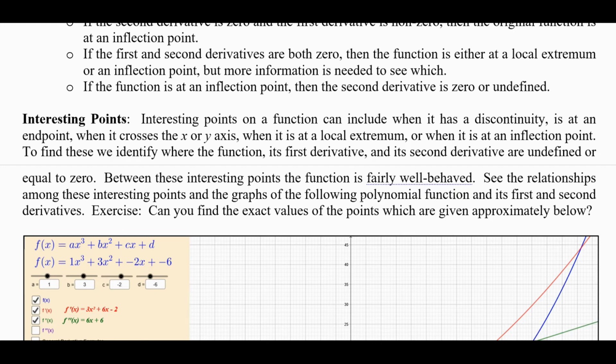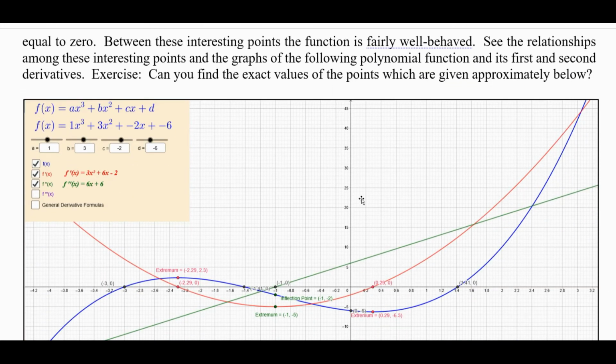And between these interesting points, the function is fairly well behaved. So we can see these relationships among the interesting points and the graphs of the following polynomial function. We have a cubic polynomial function, and we have its first and second derivatives, and we can see those. So for example, the blue one here is the original function, which is a cubic.